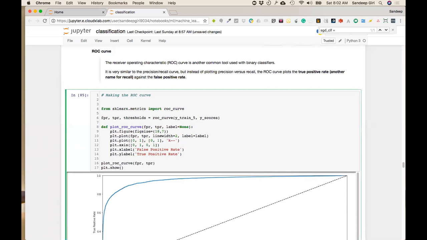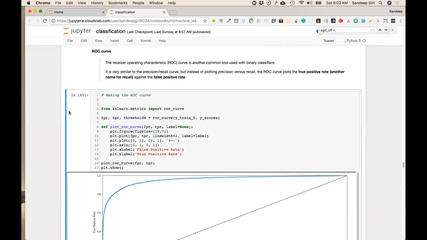This decision function basically gives us very quickly how a particular digit is being classified positively, as in classified as 5, how much the argument that is being passed is being classified.